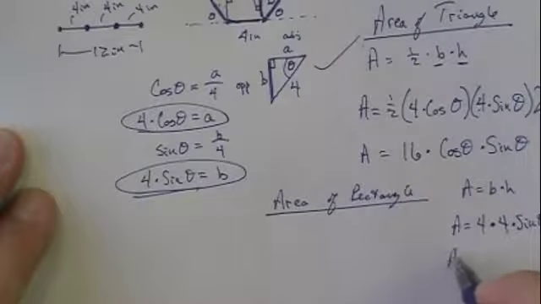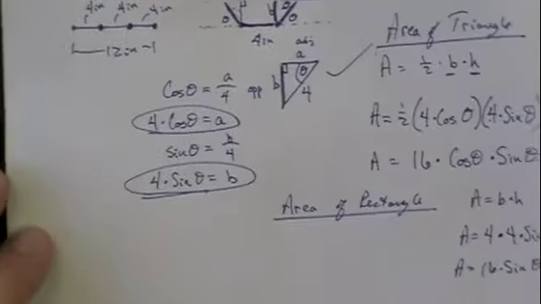So that gives us the area of our rectangle as 16 times the sine of theta.